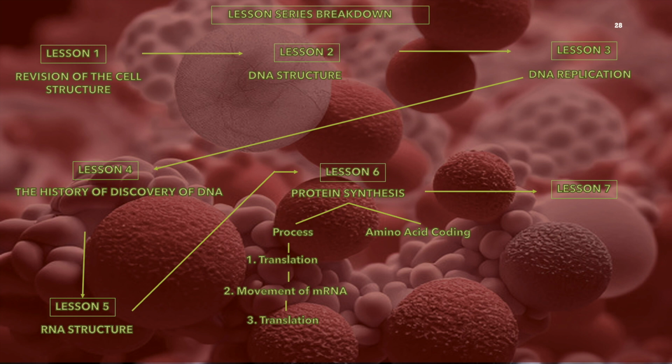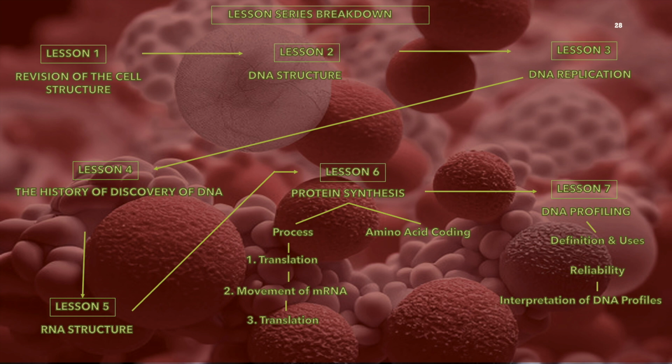Then on the last video, which is going to be lesson 7, we are going to be looking at DNA profiling. We will be looking at the definition and uses of DNA profiling. We will be looking at factors that affect the reliability of DNA profiling.